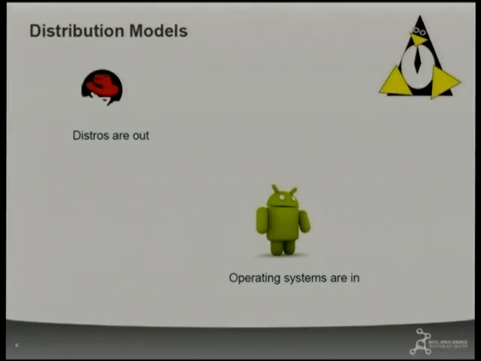So we have distribution models, and the old distribution models were what we call distros. We had Red Hat, SUSE, Ubuntu, Debian, Slackware, a whole bunch of others that we don't hear much about anymore. They're old hat. Nobody cares about them anymore.